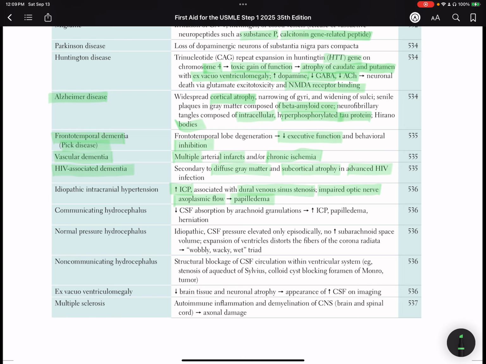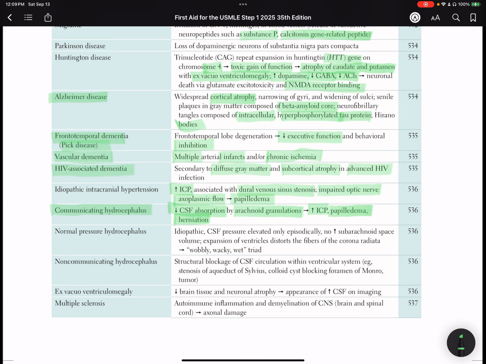What causes communicating hydrocephalus? Communicating hydrocephalus is because there is decreased CSF absorption by arachnoid granulations, and you see increased intracranial pressure, papilledema, herniation.